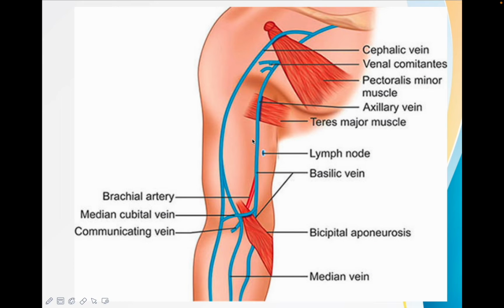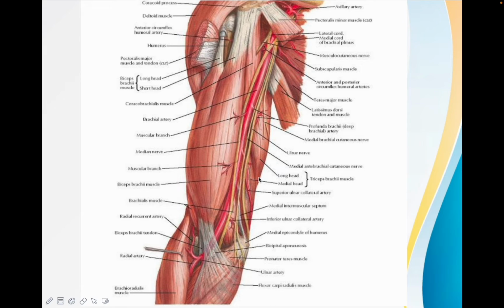In the previous figure, on the medial side there is also the basilic vein, which is related to the brachial artery medially. In the lower part, medially, there is the median nerve. So the median nerve is also the anterior and lateral relation of the brachial artery, and in the lower part it is the medial relation. So these are the medial relations.